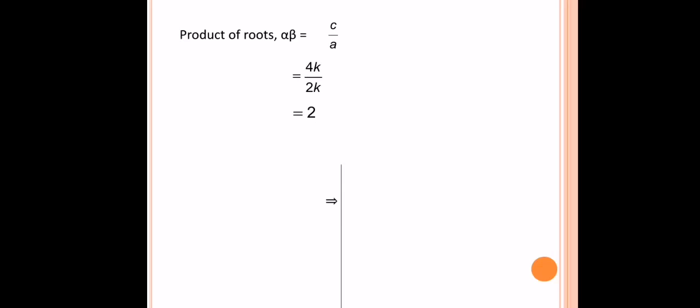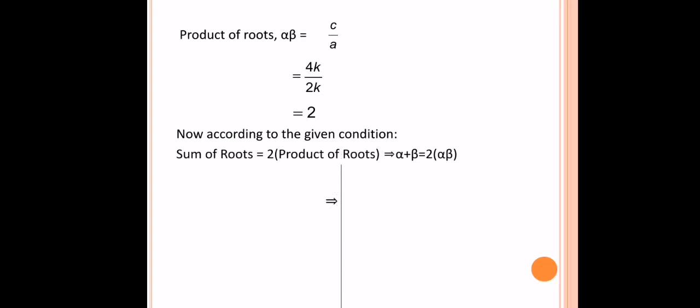Now we are going to use the condition that the sum of roots is twice the product of roots. According to the given condition, alpha plus beta is equal to 2 times alpha beta. So putting the values, we get 3 divided by 2k is equal to 2 into 2, which will become 3 divided by 2k is equal to 4.